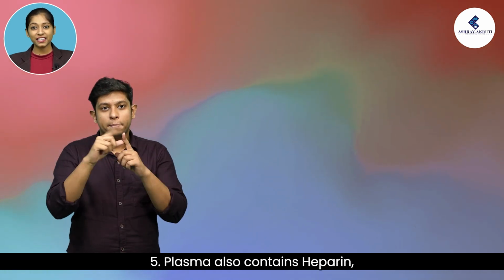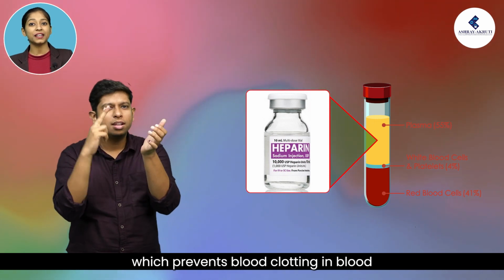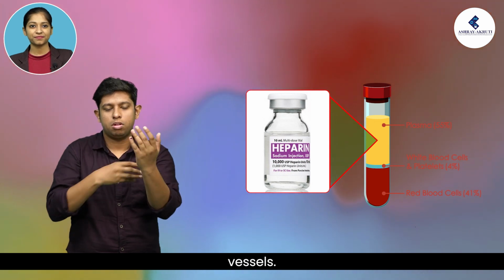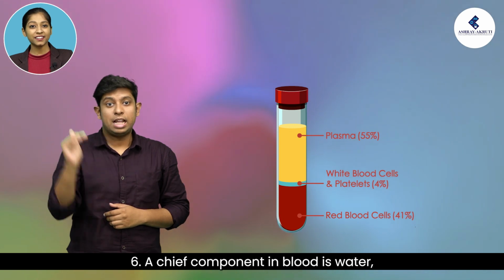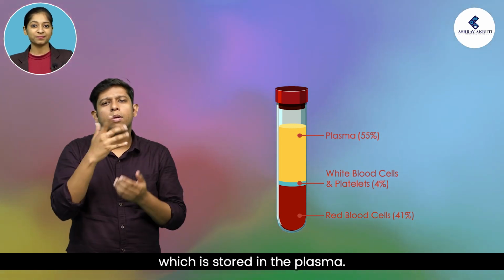Plasma also contains heparin, which prevents blood clotting in blood vessels. A chief component in blood is water, which is stored in the plasma.